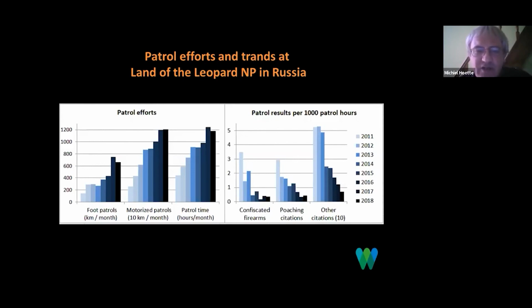That's relatively easy to achieve because there are really good poaching opportunities outside the protected areas, and the risks and the punishments are much higher in the protected area. So if you put reasonably good protection in place, then the poachers will no longer risk poaching inside the protected areas, and then you can see these kinds of dramatic decreases in poaching results.